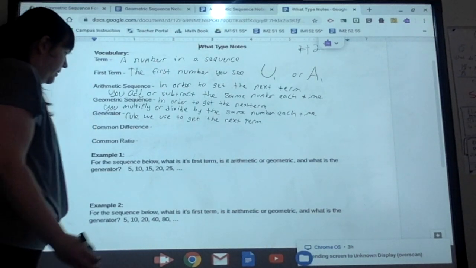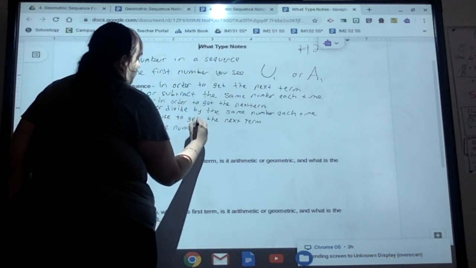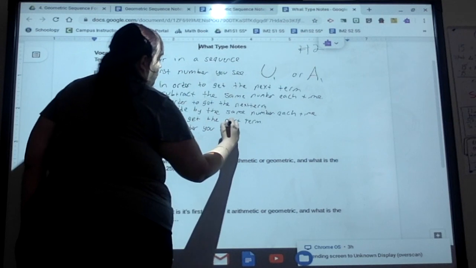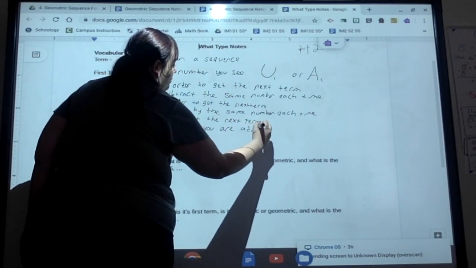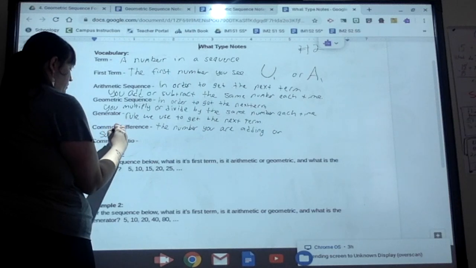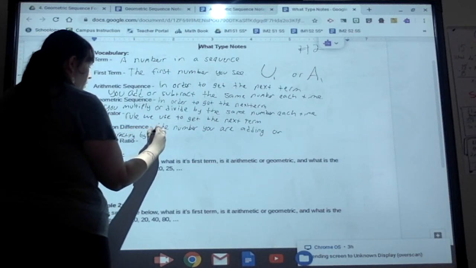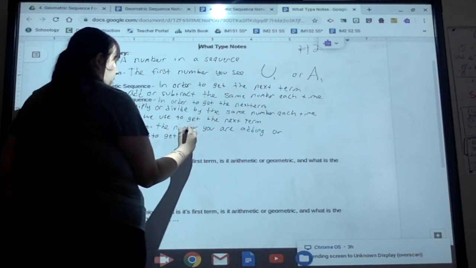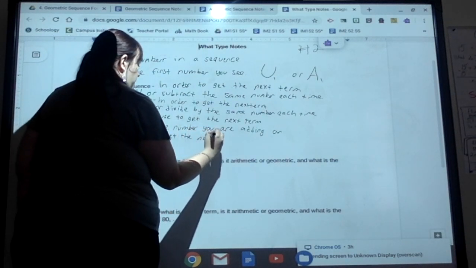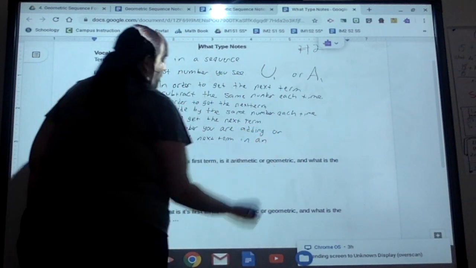So the common difference is the number you are adding or subtracting by to get the next term in an arithmetic sequence.